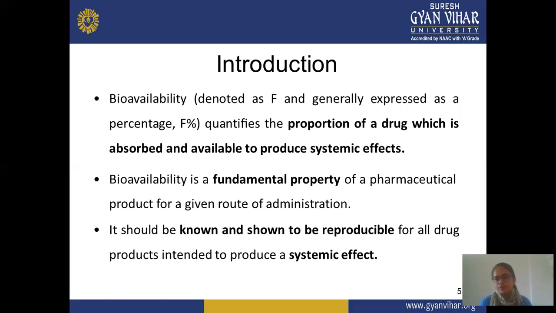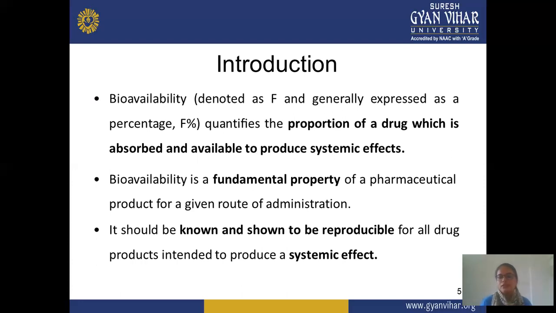That means it is the quantity of a drug that goes into the systemic circulation to show the particular desired therapeutic effect. Bioavailability is a fundamental property of a pharmaceutical product for a given route of administration.